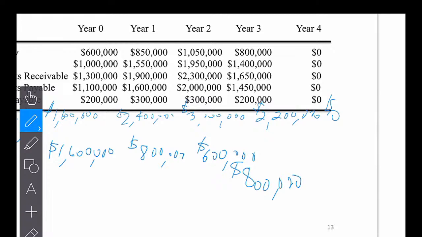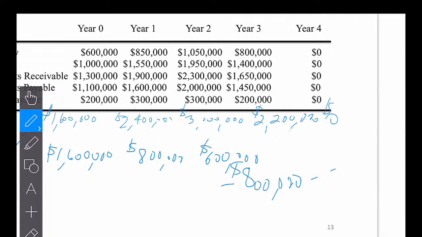And then between year 4 and year 3, I need nothing in year 4. So I am going to release the $800,000 by the end of year 3, and I will release what remains, $2,200,000, by the end of year 4. Sorry for the mess.